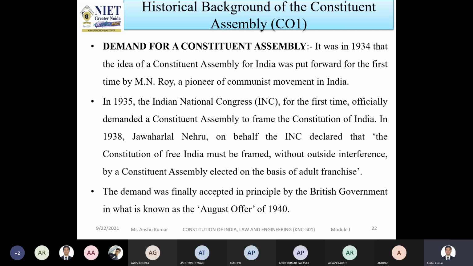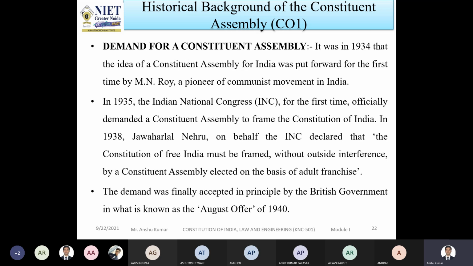But later, in 1938, Jawaharlal Nehru, on behalf of the INC, declared that the Constitution of Free India must be framed without outside interference by a Constituent Assembly elected on the basis of adult franchise.